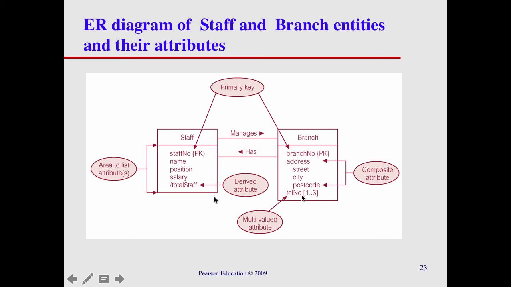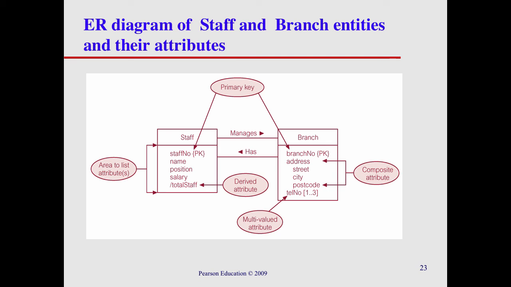Here, it's a multi-valued attribute, telephone number, and in square brackets, you represent the participation rate. Here, there can be 1 to 3. For dependents, it might be, say, 0 to 20, or 0 to star, where star means an arbitrary number. So an ER diagram doesn't exactly map directly into the relations that you come up with for your database.